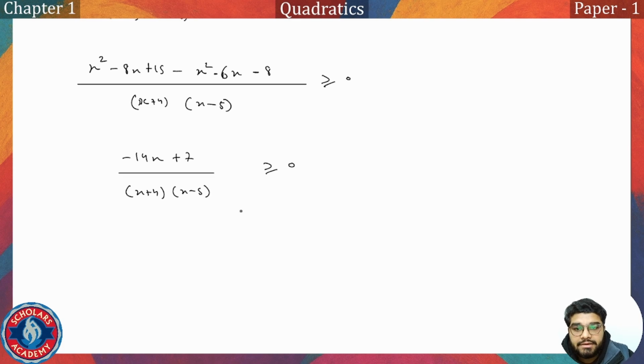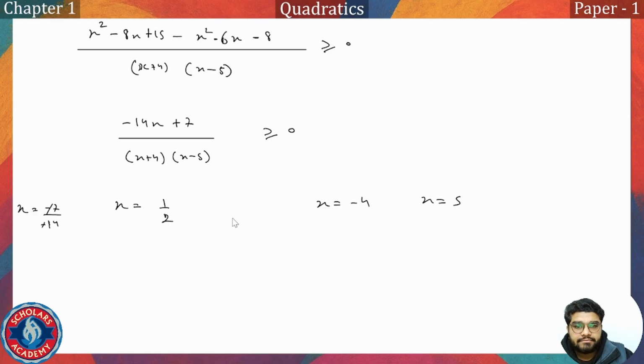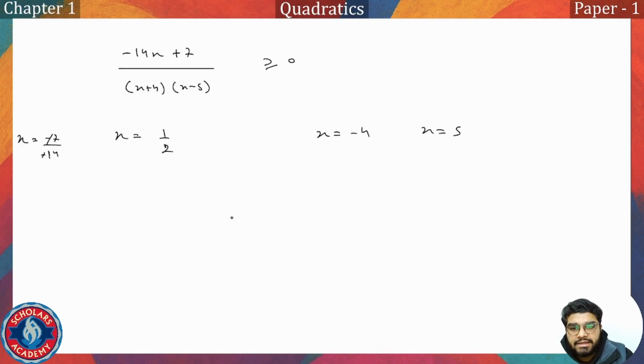So from here, the critical points are when x is equal to 1 by 2, since 7 by 14 becomes x is equal to negative 7 by negative 14, the negatives get cancelled out, and 7 by 14 is 1 by 2. From the denominator, I get x is equal to negative 4 and x is equal to 5. 3 points, so the real line gets divided into 4 parts.